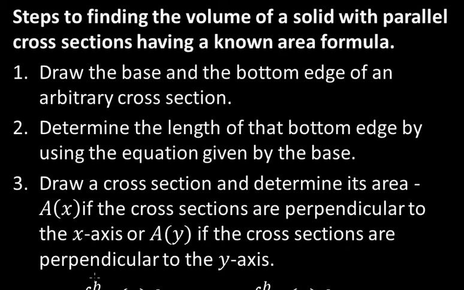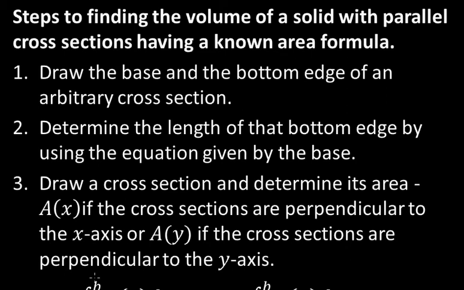So here are the steps to finding the volume of a solid with parallel cross-sections having a known area formula. The first thing we do is draw the base of the solid and sketch in the bottom edge of an arbitrary cross-section. We determine the length of that bottom edge by looking at the equation of the base.